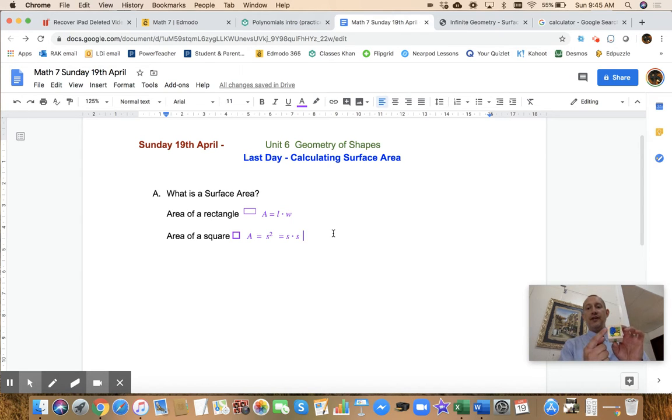All sides are the same. So instead of saying S times S, we can just say S squared, because that's what S times S means. To find the area of one of these rectangles, I would do length times width. To find the area of one of these squares, I would do the side squared.